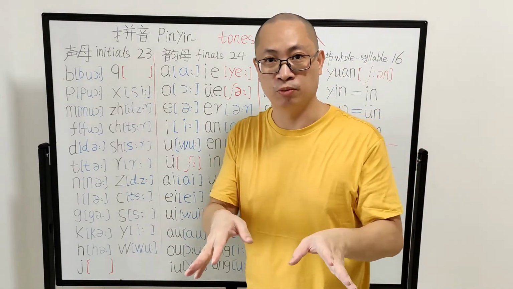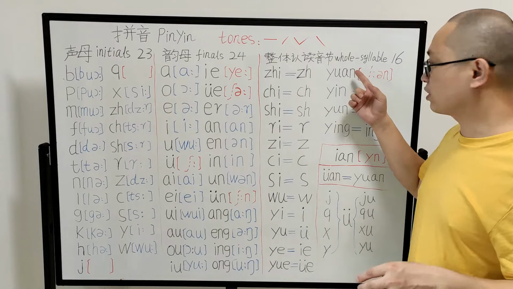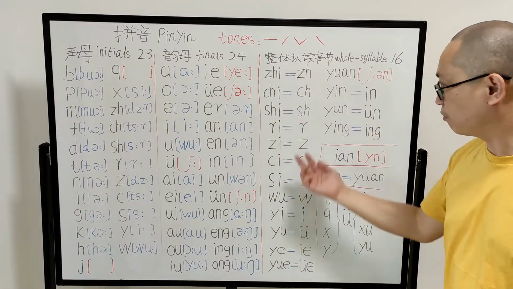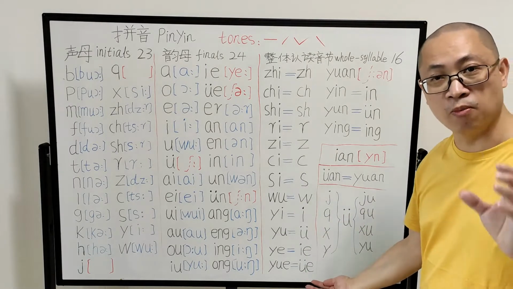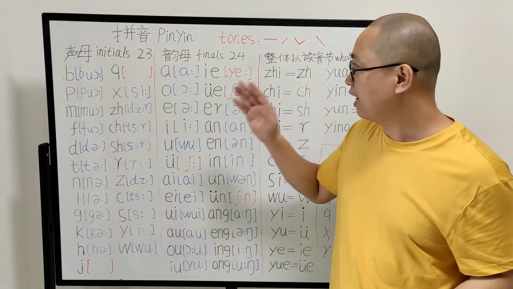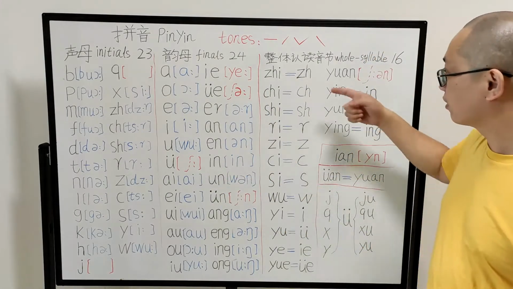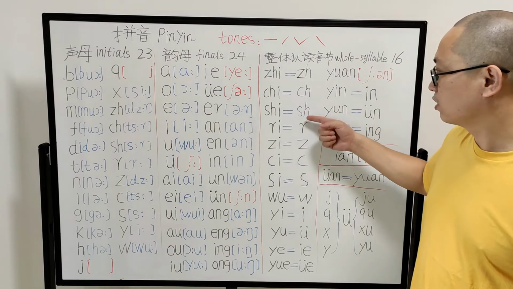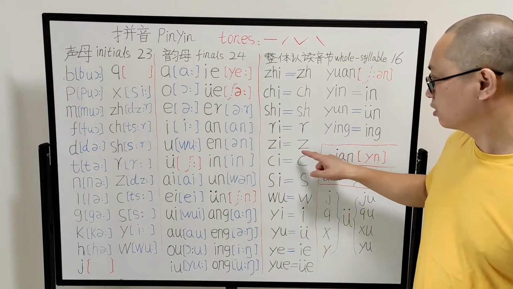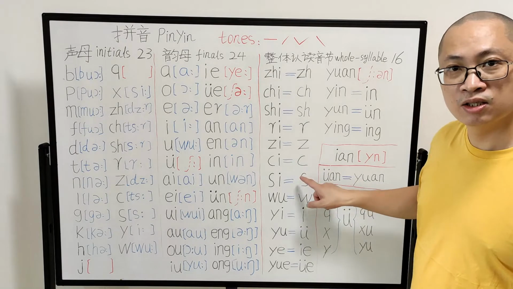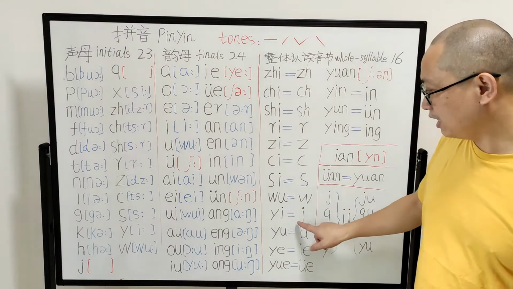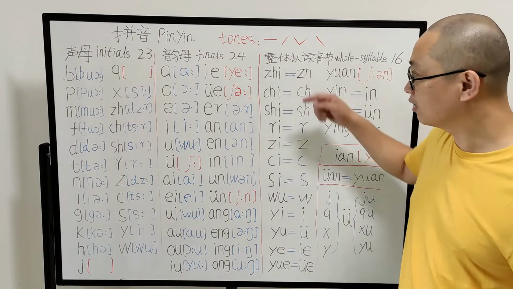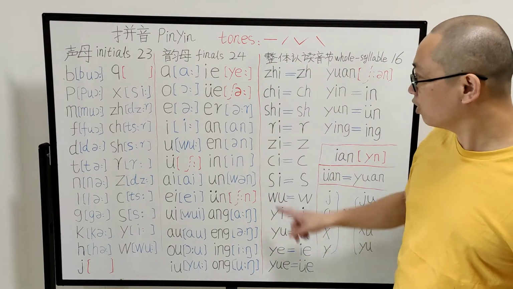Okay, the final group. This is a whole syllable group, and the pronunciation are almost the same as initials and the finals. Z, c, s, zh, ch, sh, r, z, c, s, u, i, ü, ye, yue.